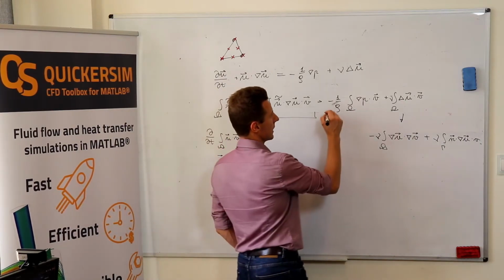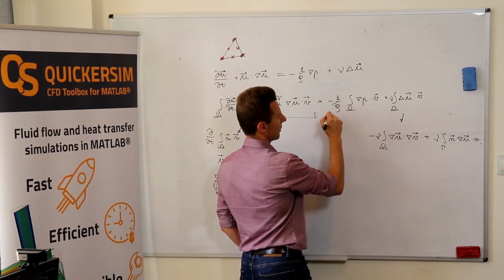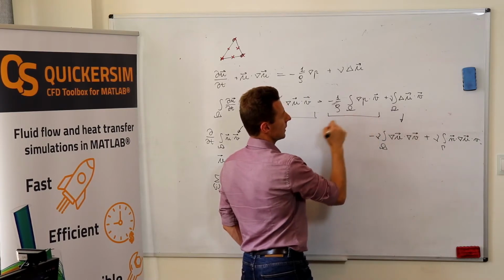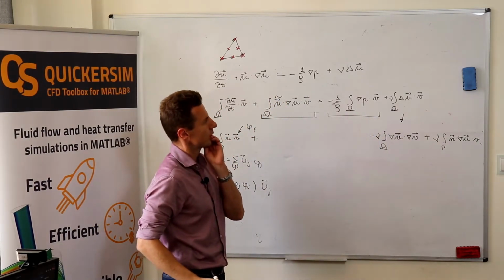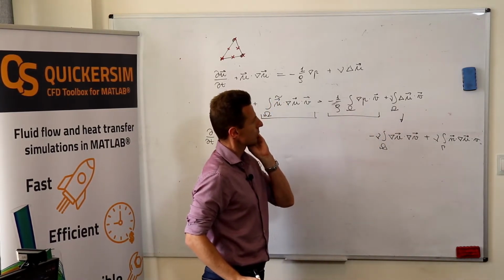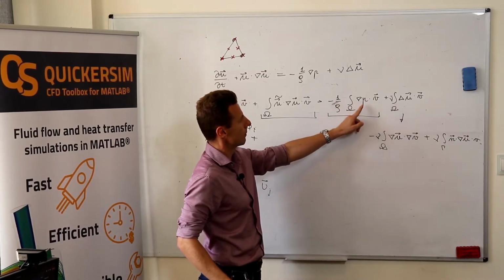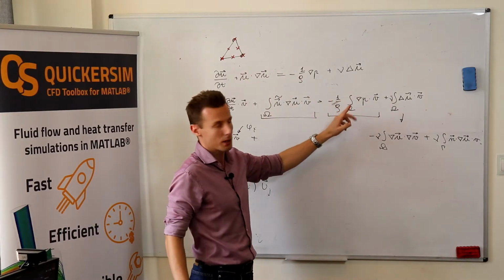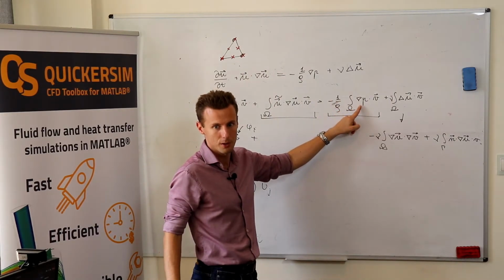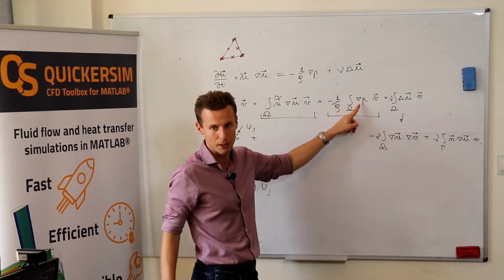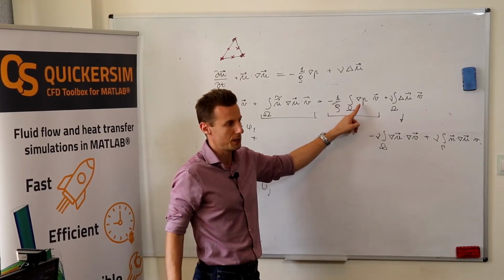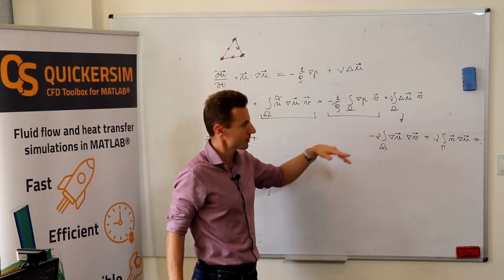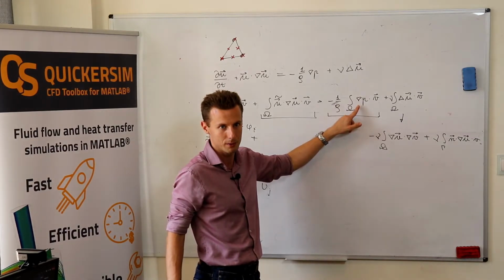But still, what you do in finite elements is you want to transform this term. Why? Because, remember, we are using linear interpolation for pressure. So calculating the gradient of pressure would leave us with a constant gradient across the whole element.